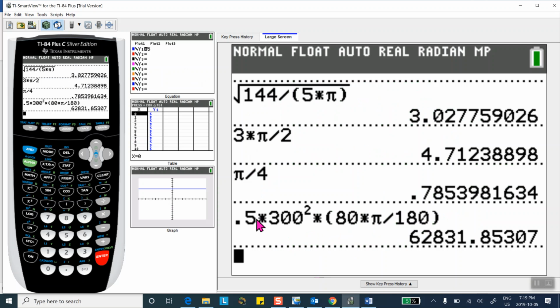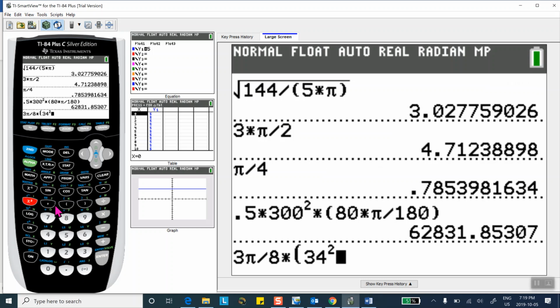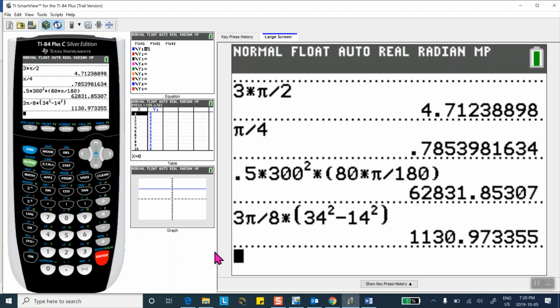So it's going to be 3 times pi divided by 8 times parentheses 34 squared minus 14 squared. And you're going to get 1,131 square inches.